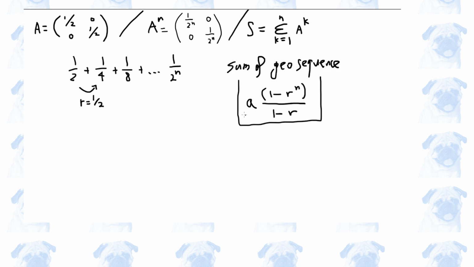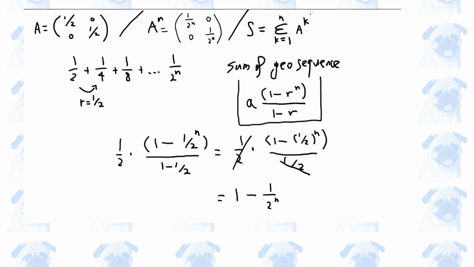So in this case, a, the initial term, is 1/2. The common ratio is 1/2. Therefore, this sum is equal to 1 minus 1 over 2 raised to the nth power, 0, 0, and 1 minus 1 over 2 raised to the nth power.